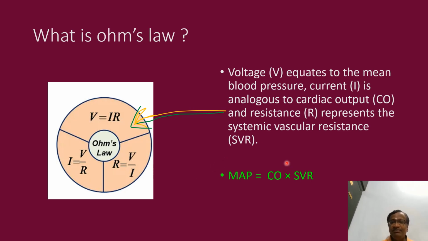Cardiac output is normally 5 liters, SVR is 1500, so it may be 5 into 15 or something like that, 75. Or if it comes 5 into 1400, 70, something like that. It has to be in equal units; if you calculate resistance in dynes, the pressures have to match.